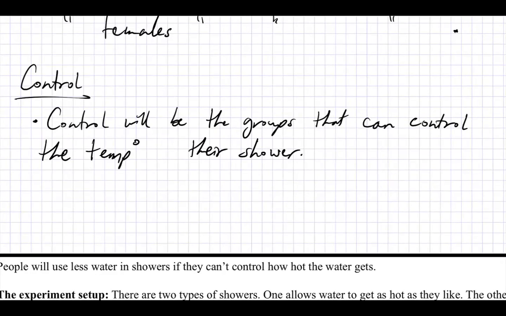We can't blind it or double blind it. We explained that, because eventually when they get in there, they're going to know if they can control it or not. So we explained who the control group was.